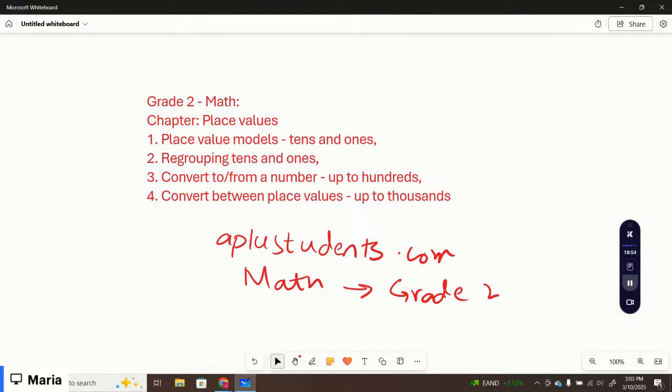We need to start with the chapter place values. The lessons we're going to cover today are place value models, tens and ones, regrouping tens and ones, convert to and from a number up to hundreds, and convert between place values up to thousands.